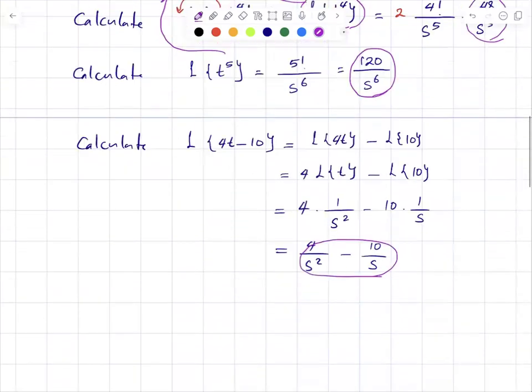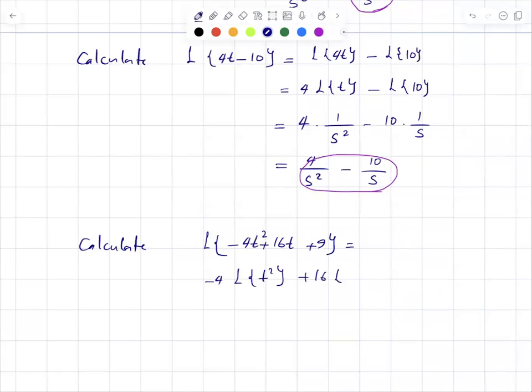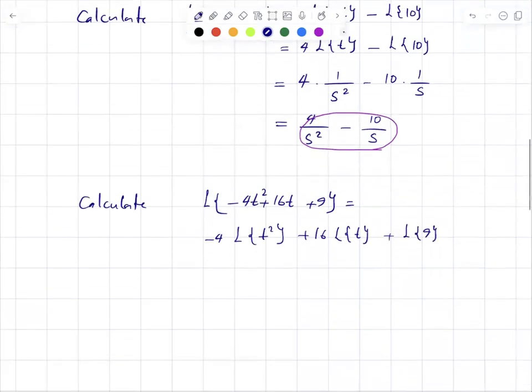Let me show you another example. Suppose I ask you to calculate the Laplace of negative 4t squared plus 16t plus 9. By linearity, we can separate this into negative 4 times the Laplace of t squared, plus 16 times the Laplace of t, plus the Laplace of 9, or 9 times the Laplace of 1.